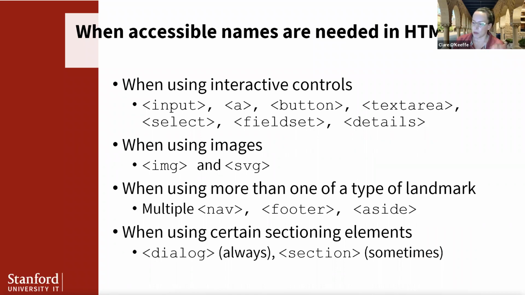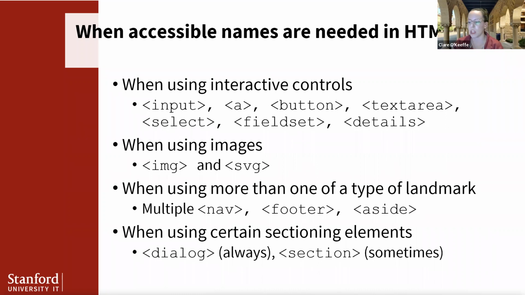Now, like I mentioned before, if you have a navigation area, you can give a name to that. If you only have one nav on a page, you don't necessarily need to give it an accessible name because it's the only one, and so you'll assume that it's the main navigation. But you may have multiple navs on a page. Let's say you have a global navigation at the very top, and then a more sub-site specific navigation beneath it, and maybe a left nav as well.